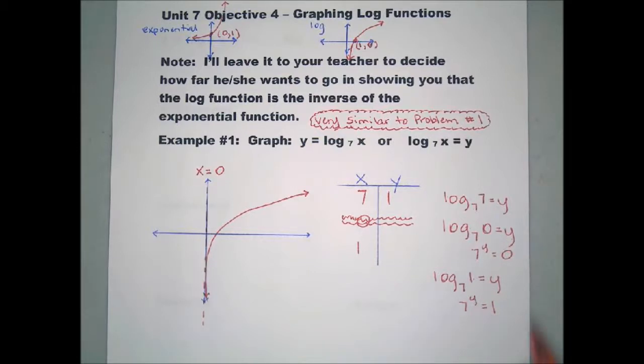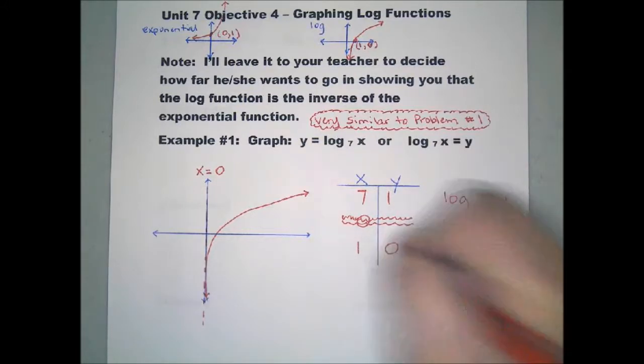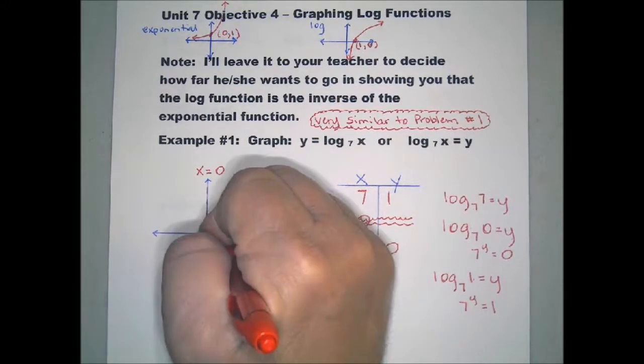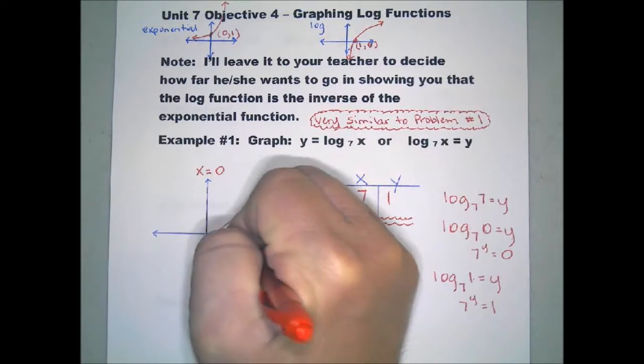Anytime you raise anything to the power of 0, you get 1 as the answer. So 1, 0 is the answer. The power that turns the number 7 into the number 1 is 0, because 7 raised to the 0 is 1. So that means 1, 0 is a really important point right here, and that's the one Desmos probably shows you.